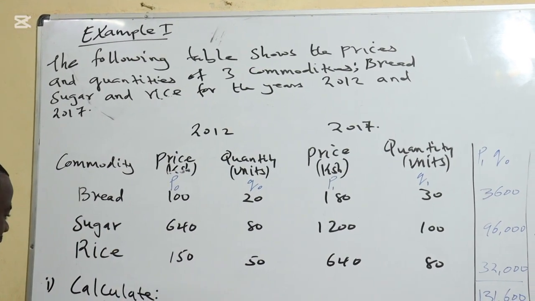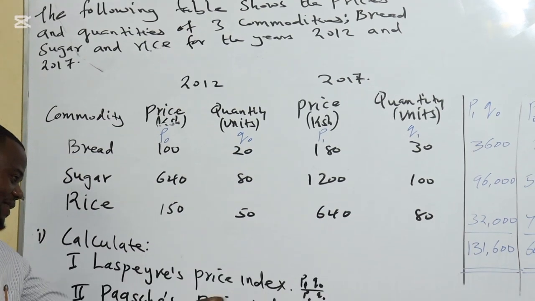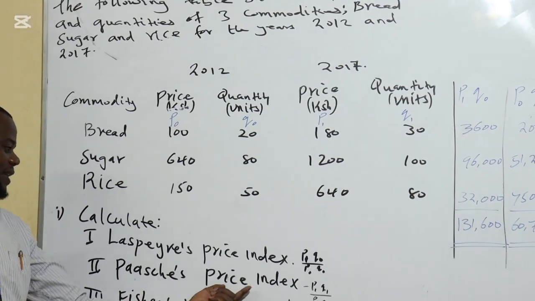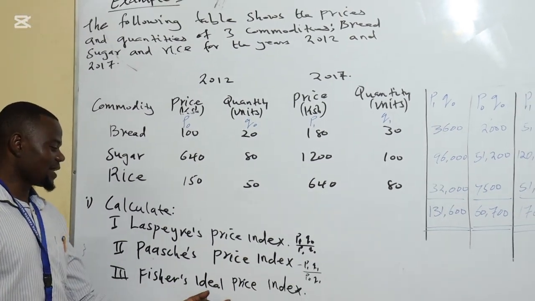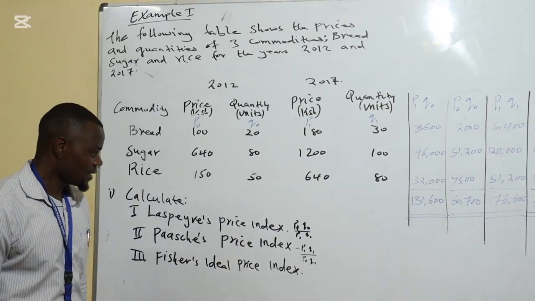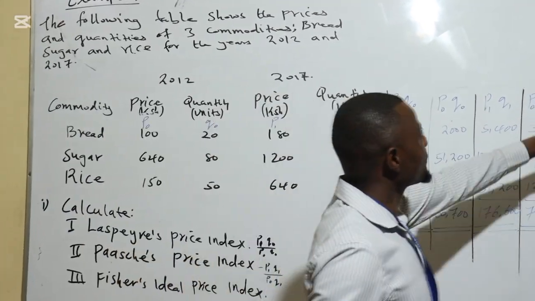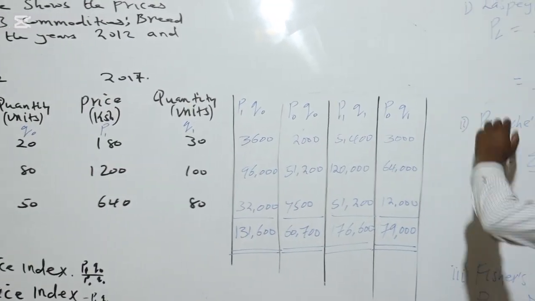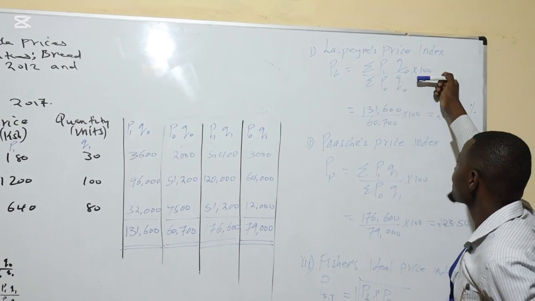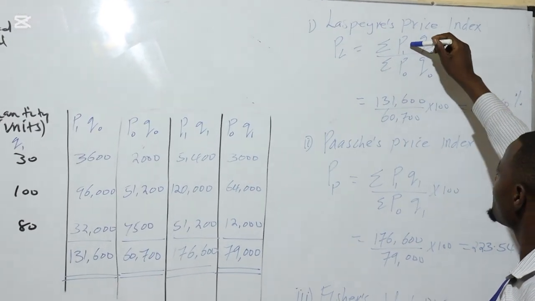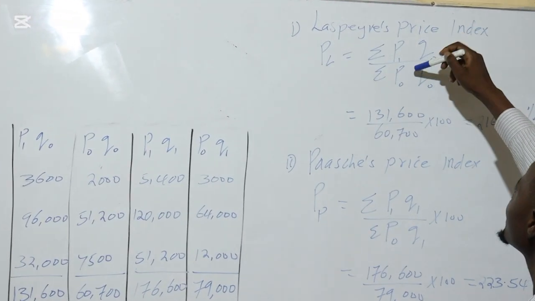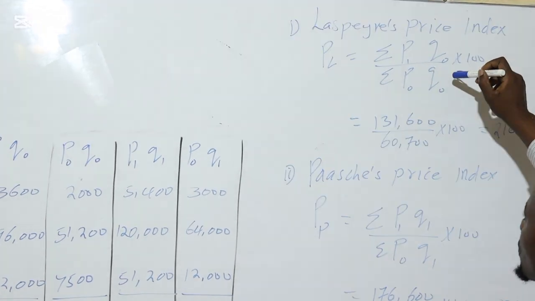We are being asked to calculate the Laspeyres price index, the Paasche price index, and the Fisher's ideal price index. So I've started by calculating the Laspeyres price index. If you write the formula for Laspeyres, then you need summation P1 Q0 divided by summation P0 Q0.